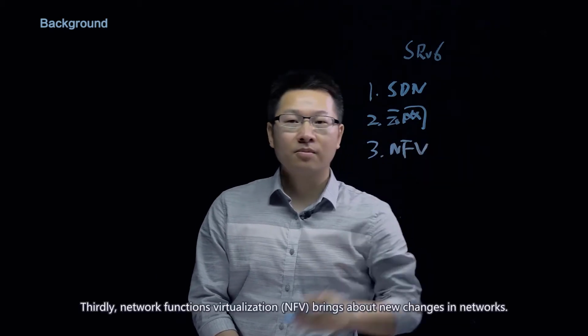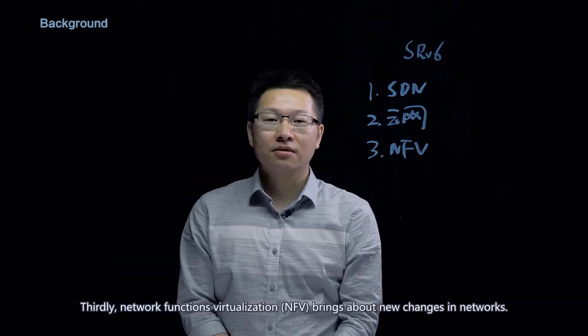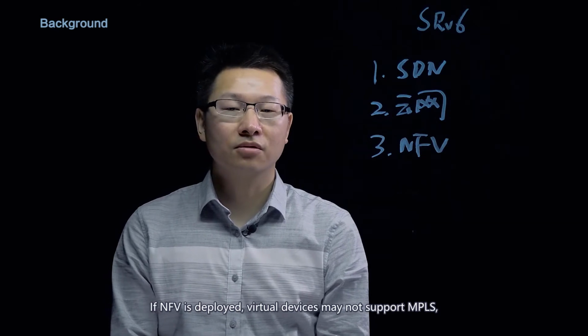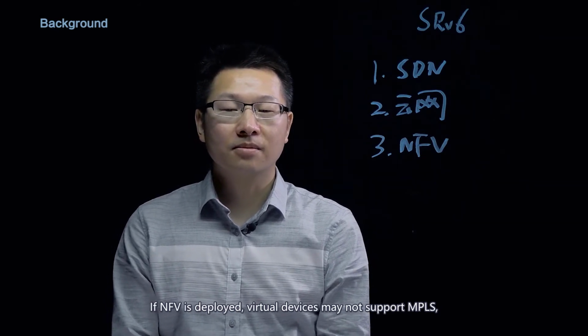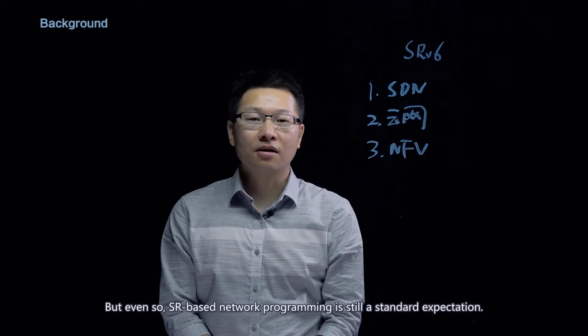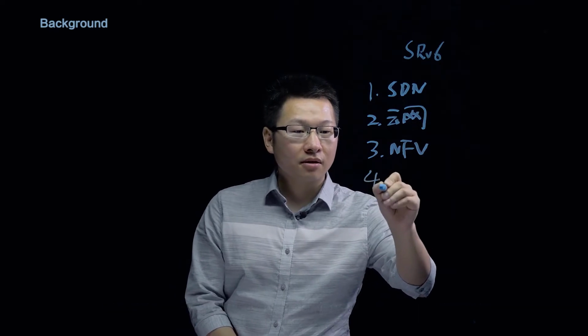Thirdly, network functions virtualization brings about new changes in networks. If NFV is deployed, virtual devices may not support MPLS, and therefore SR MPLS cannot be deployed. But even so, SR-based network programming is still a standard expectation.